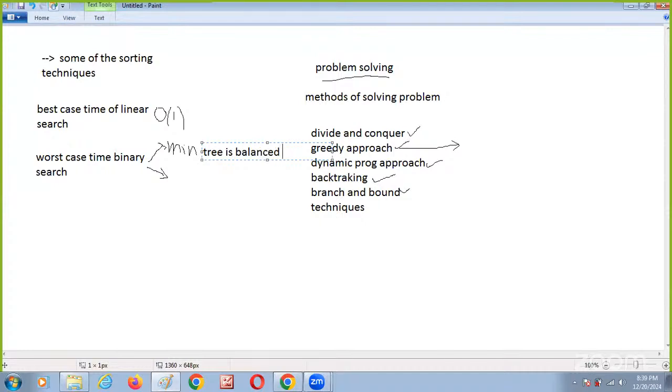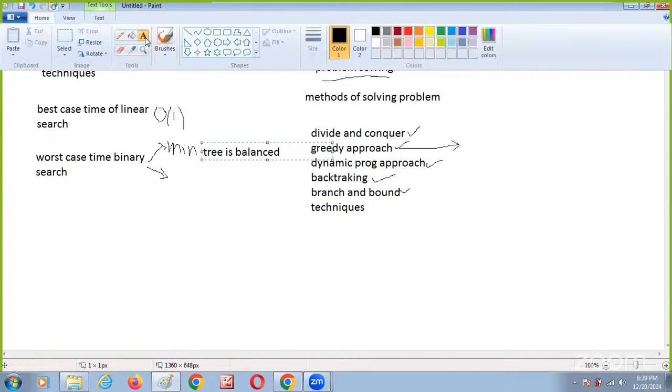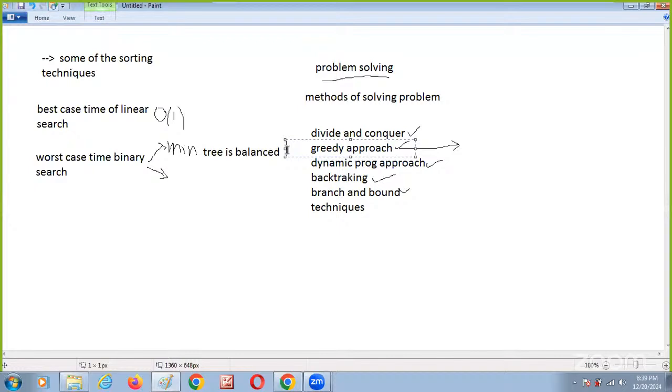Balanced means the left subtree and right subtree should be equal. So if the tree is balanced, what is the time complexity? Order of log n.